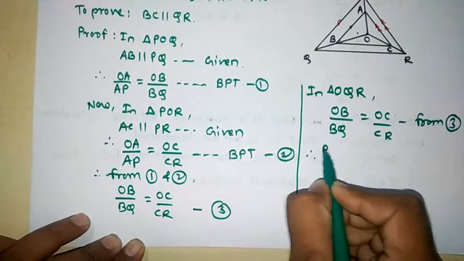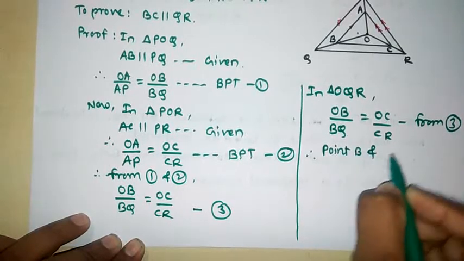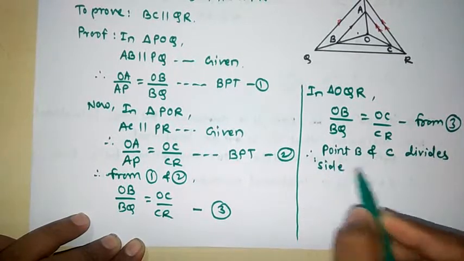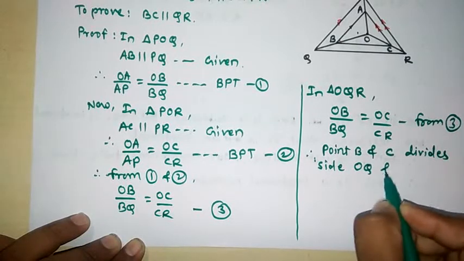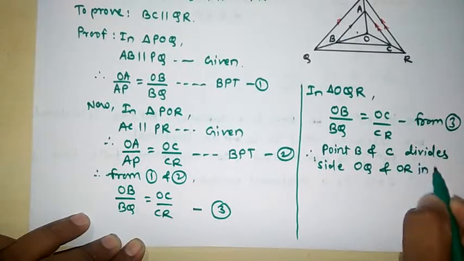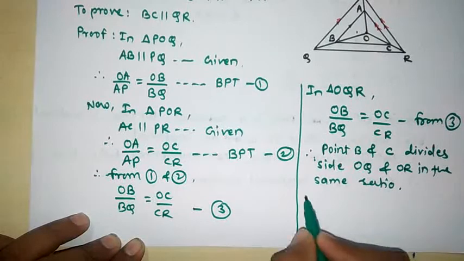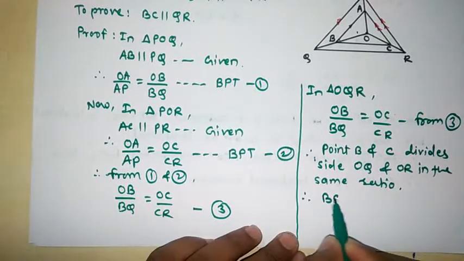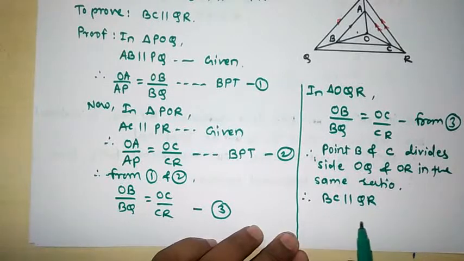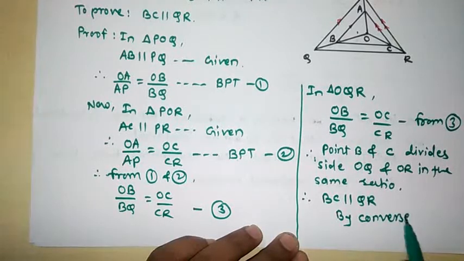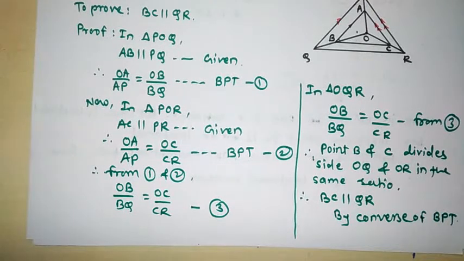Therefore, line BC is parallel to QR by the converse of the BPT theorem. Hence proved. This only we have to prove here.